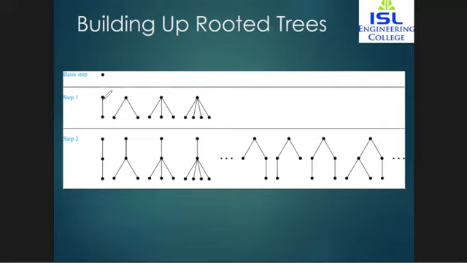Over here to this tree I'm adding one more vertex; to this one I'm adding two vertices, speaking only about this tree right now, then three vertices and four vertices. And for this tree, I'm adding one vertex on the right side and the left side, and this keeps on continuing. So what are we doing basically over here from the basis step?